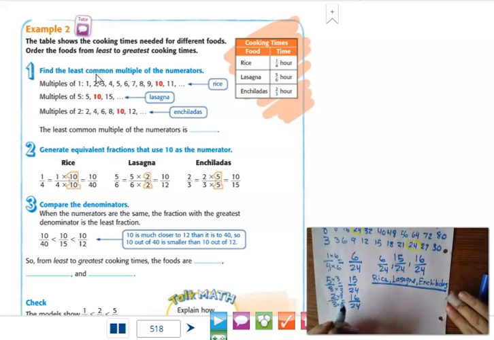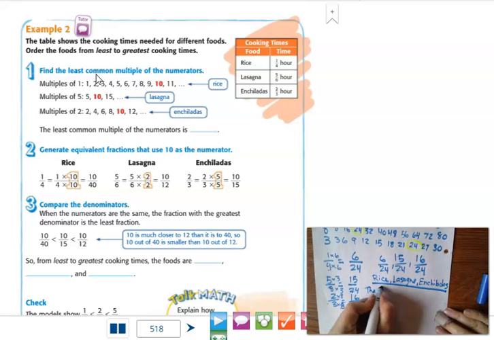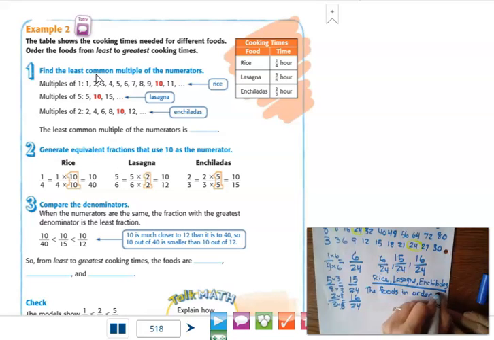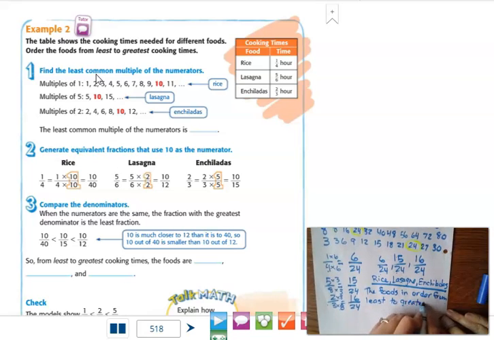Okay, and now I'm going to write my complete sentence answer. The foods in order from least to greatest cooking time is rice, lasagna, and enchiladas.